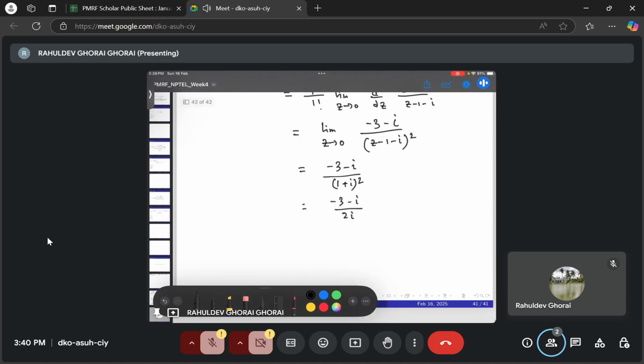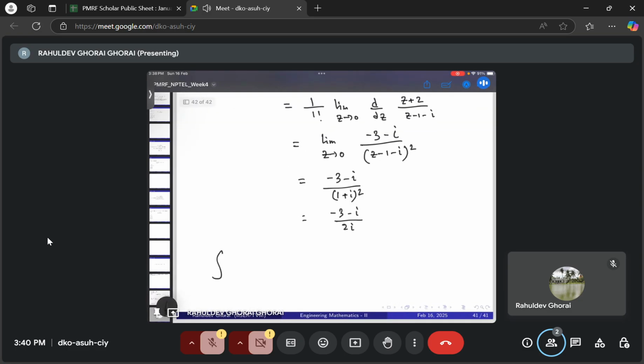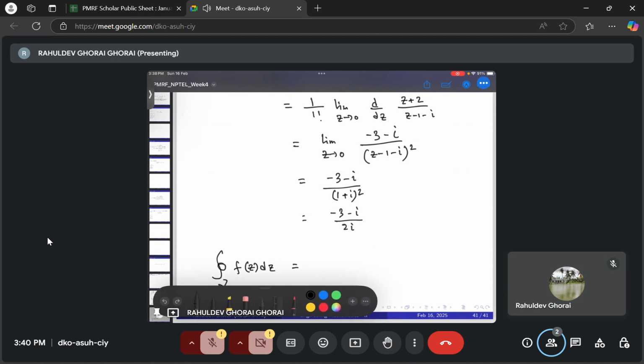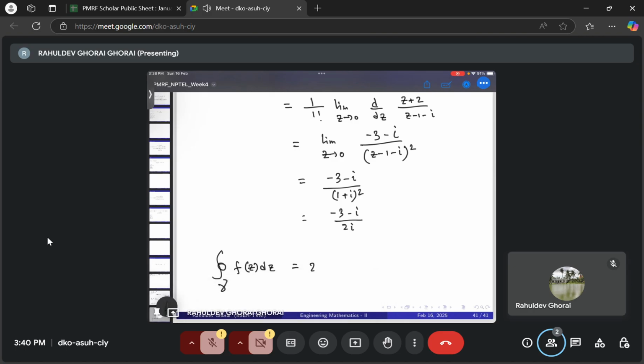So what does the residue theorem now say? The residue theorem says that the integral over gamma of f(z) dz will be equal to 2 pi i times the summation of residues of f at a_k.